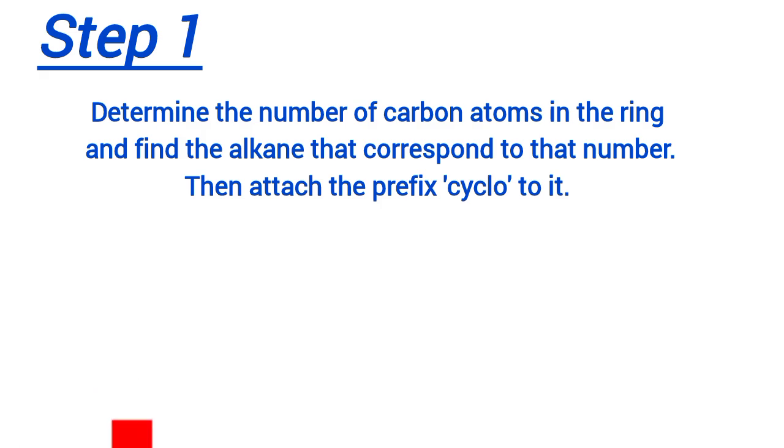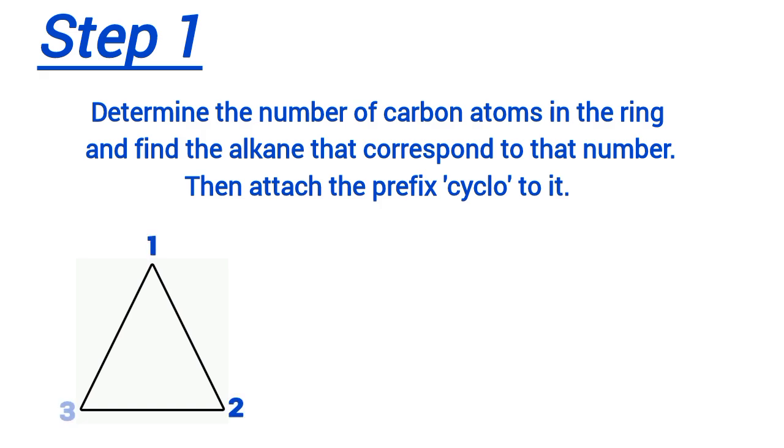Taking this as an example, the first thing we need to do is to determine the number of carbon atoms in the ring. In this case, we have 1, 2, 3. So we have 3 carbon atoms in this ring.